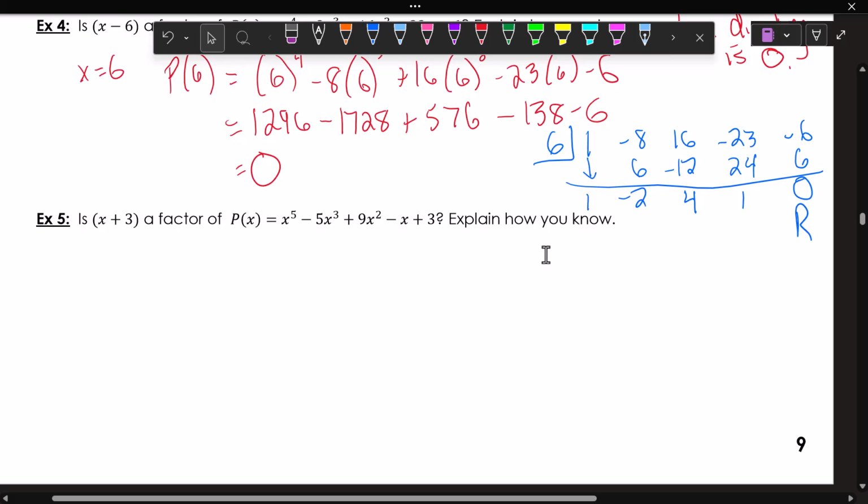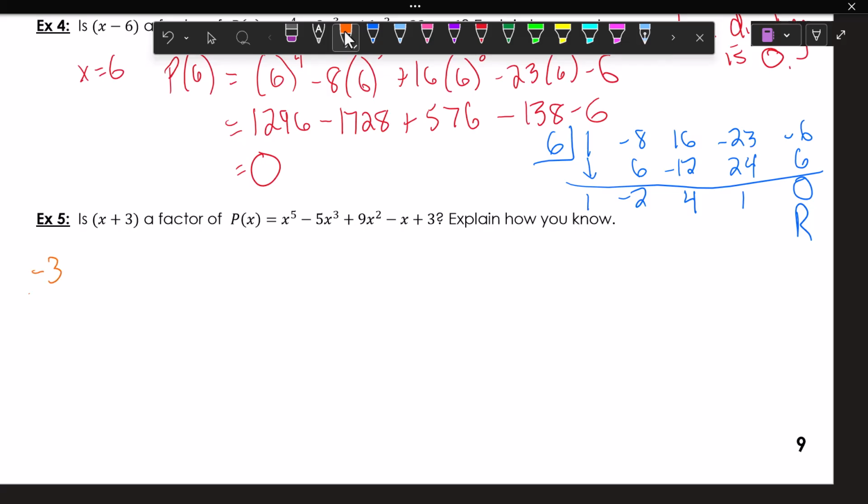Now, is x plus 3 a factor of this? Well, let's do synthetic division first this time. So we take the opposite of what we're dividing by, then the coefficients, 0x to the fourth, minus 5x cubed, plus 9x squared, minus 1x, plus 3. So we bring down the first number. 1 times -3 is -3. We add down. -3 times -3 is a positive 9.